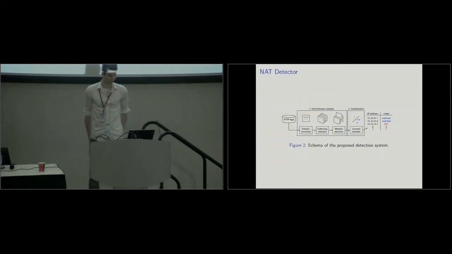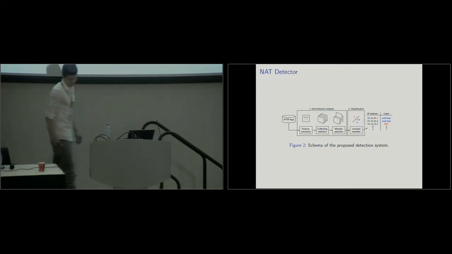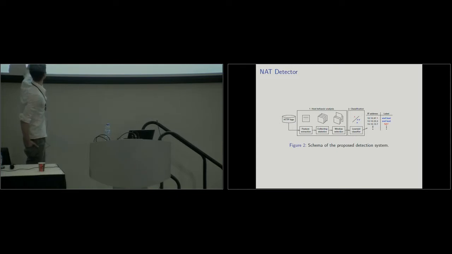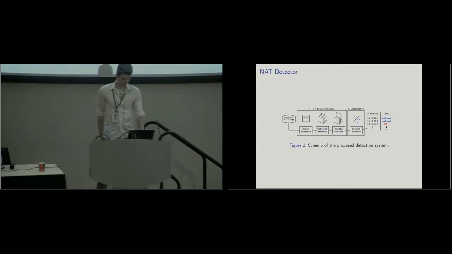On this slide, there is a scheme of the proposed detection system. It's quite straightforward. At the input, the detector is fed by HTTP logs. The first part of the detector extracts the features from these logs. The features are collected in consecutive non-overlapping windows. The windows cover the time period of 24 hours.